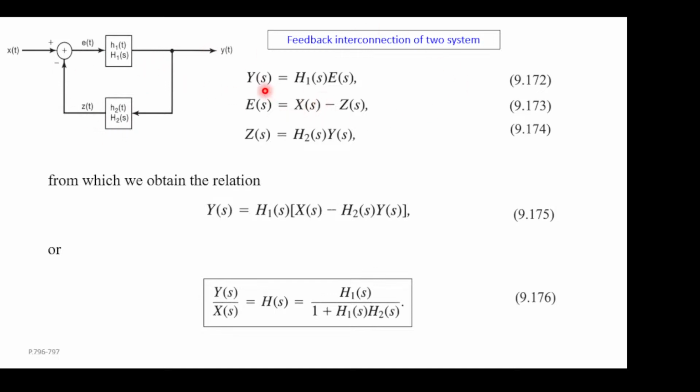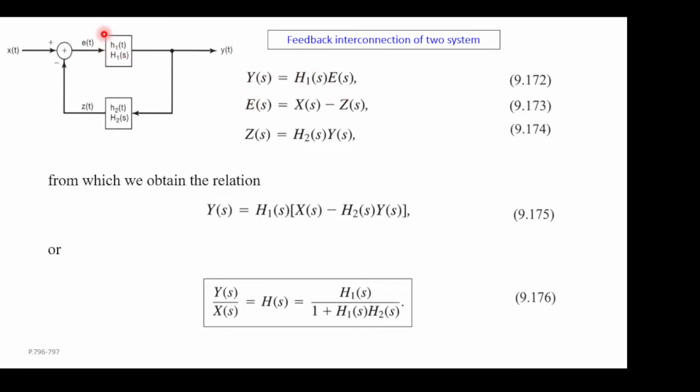And so we can solve this with equations. Let's call this part E, and this part Z. Then the Y output here, all these things should be Y. Y should be E times H1, right? Because in the S domain, they multiply together.